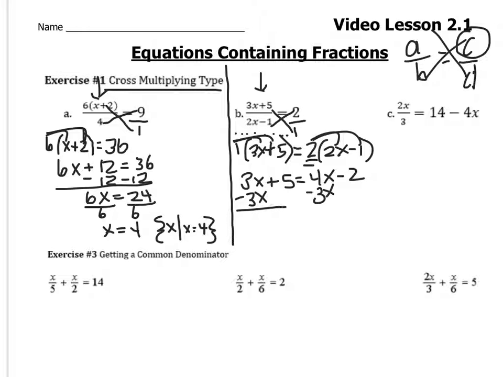I certainly could have subtracted 4x from both sides as well, but I like to keep my x variable positive. These cancel. I'm left with 5 is equal to 1x - 2. 1x comes from taking 4x and subtracting 3x from it. Adding 2 to both sides, you see that x is equal to 7.